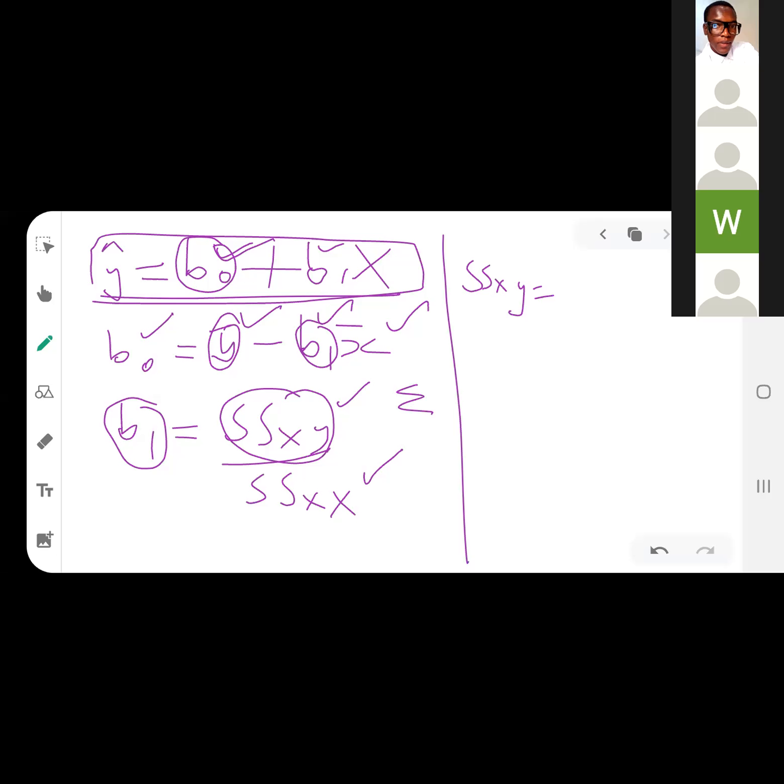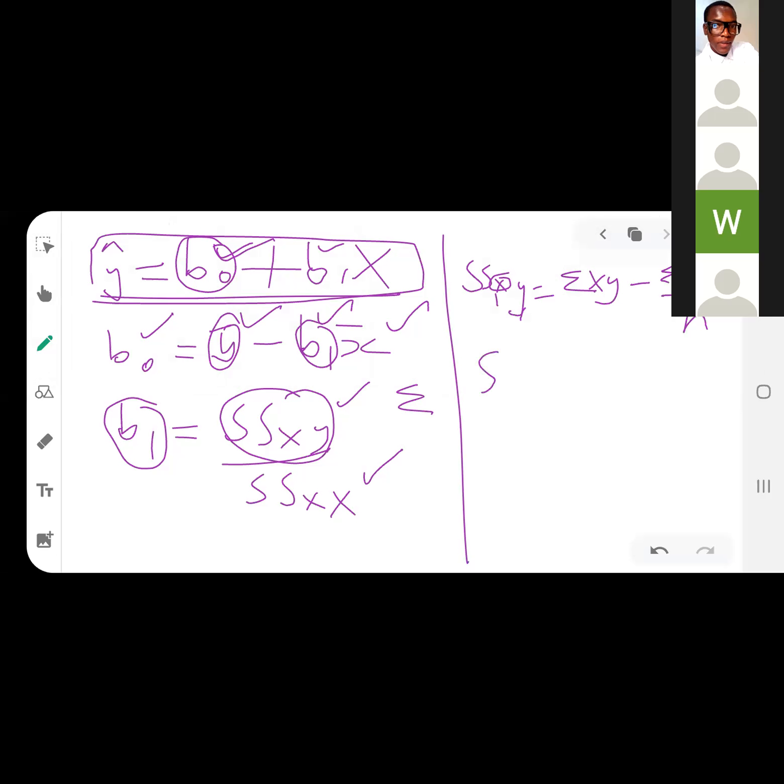So the formula for calculating SSXY is the sum of X multiplied by Y, which gives XY, and then you subtract the sum of X multiplied by the sum of Y, divided by N. So I hope you are writing that formula down.